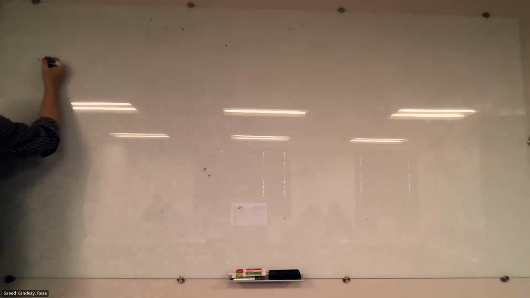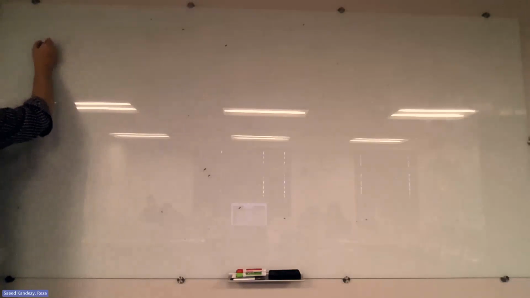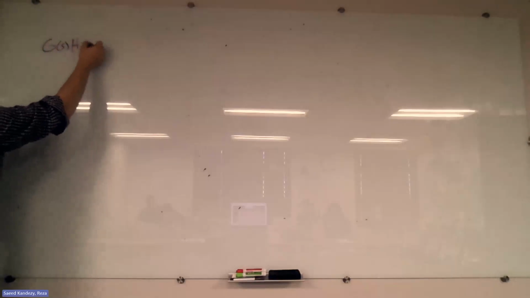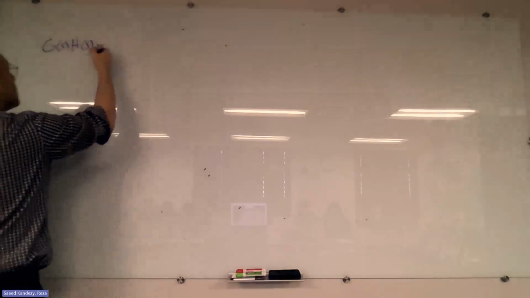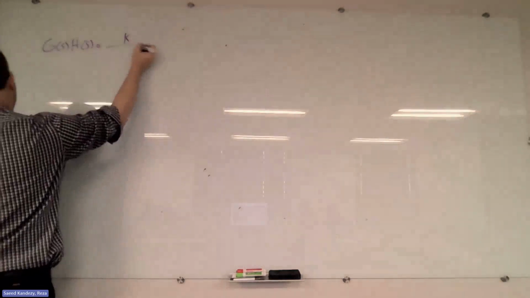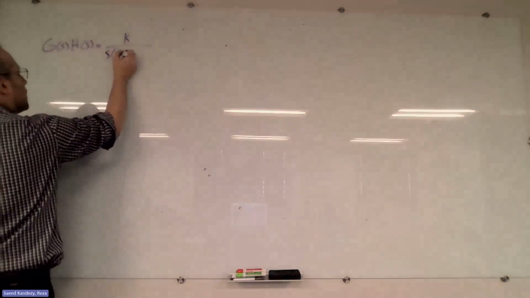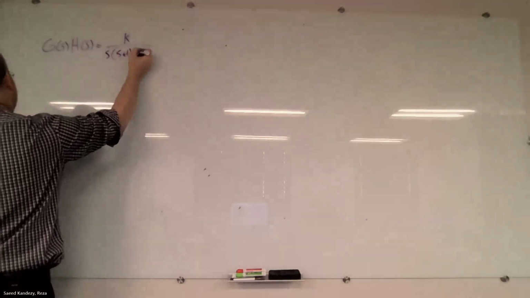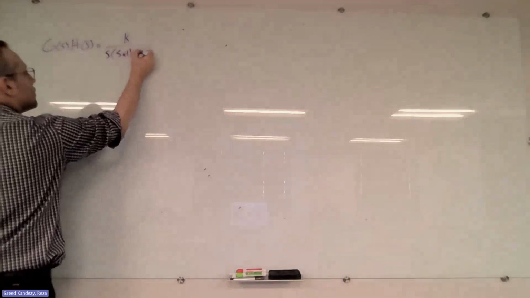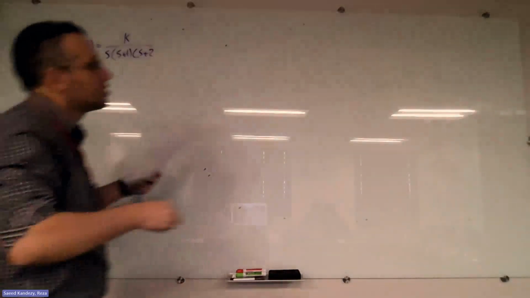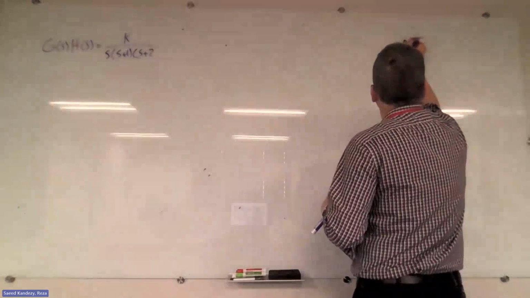Now, in this example, I want to give you GH instead of the G. And my GH is K over S times S plus 1 times S plus 2. Let's sketch.